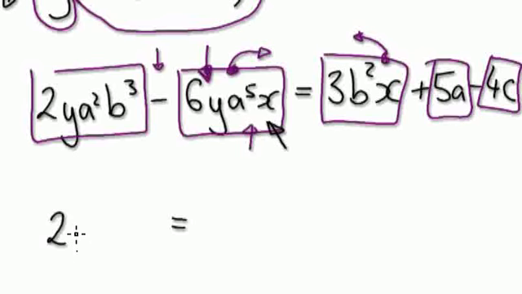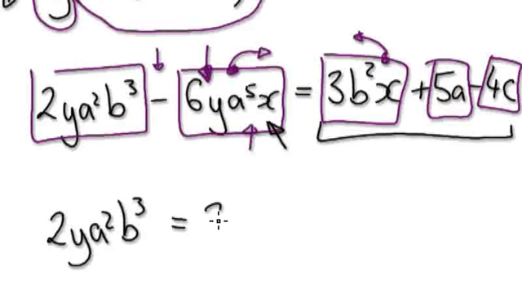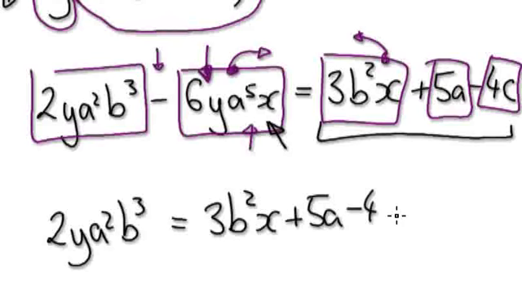So on this side it will be 2y a squared b to the power 3, and on this side take the whole lot down. Okay, so 3b squared x plus 5a minus 4c, add 6y a to the power 5x.